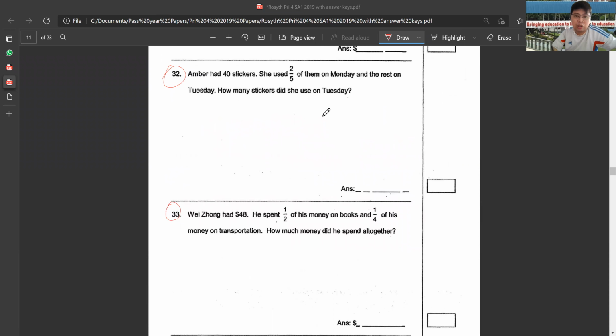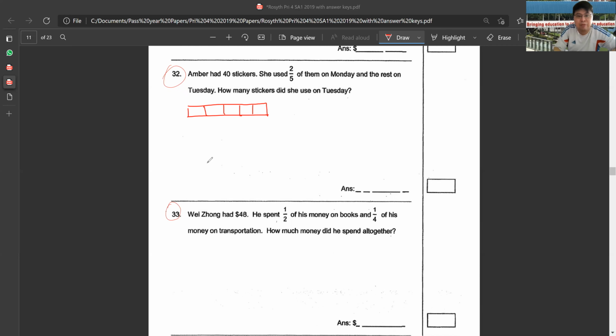Okay, Amber had 40 stickers. She used 2/5 of them on Monday and the rest on Tuesday. How many stickers did she use on Tuesday? Same thing, you should draw a model. So how many boxes do I need to draw? 5 boxes.